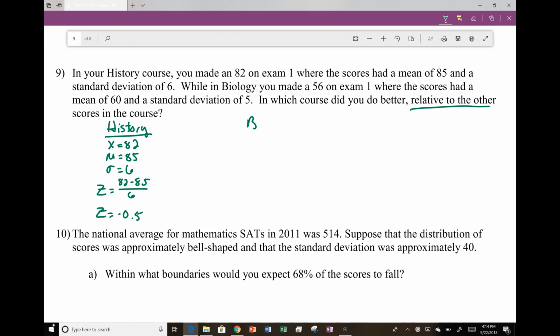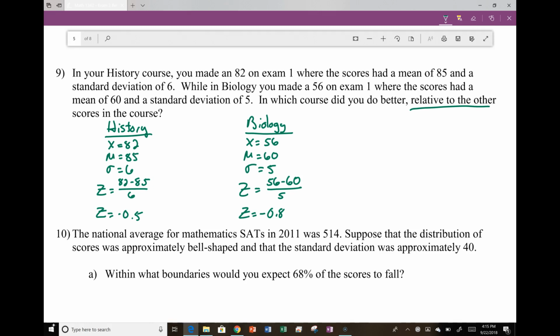Now, looking at biology, you made a 56, the mean was a 60, and the standard deviation was a 5. So here, we have 56 minus 60 divided by 5. So 56 minus 60 is negative 4, divided by 5 gives a negative 0.8.